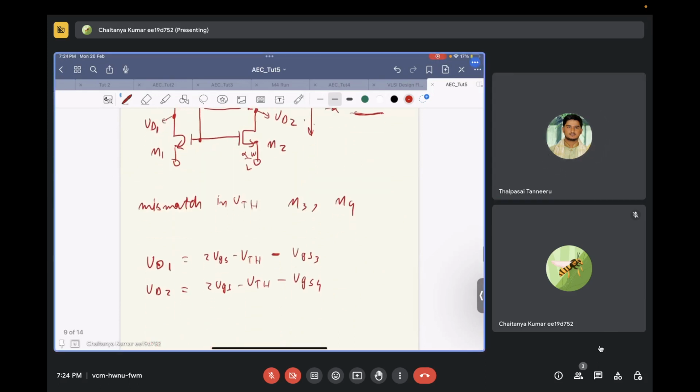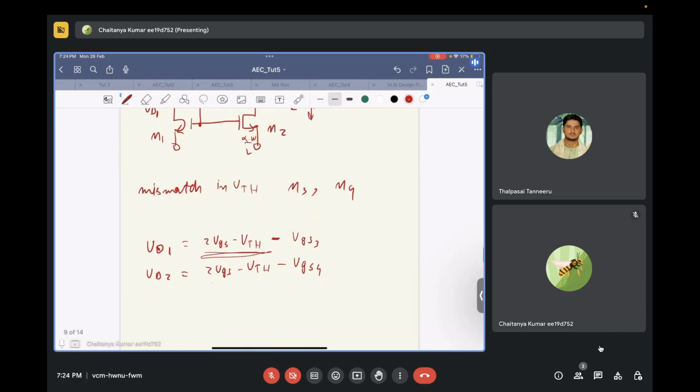Okay. So VD1 is, like, this is the gate voltage, that is 2 VGS minus VTH minus VGS3, and VD2 is 2 VGS minus VTH minus VGS4. So what is delta VD? That is the difference between two drain voltages.